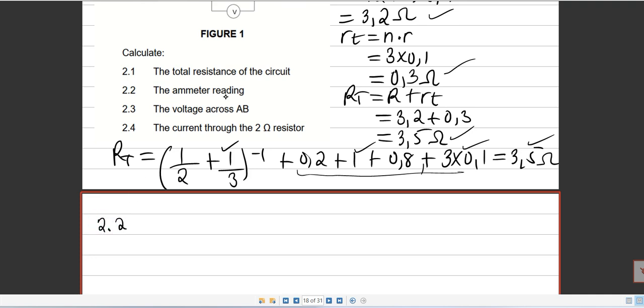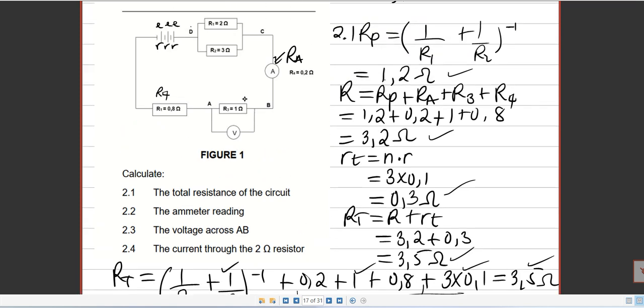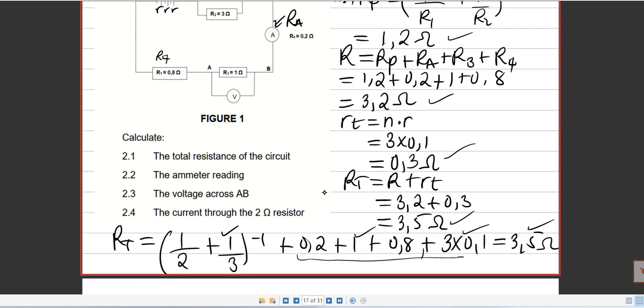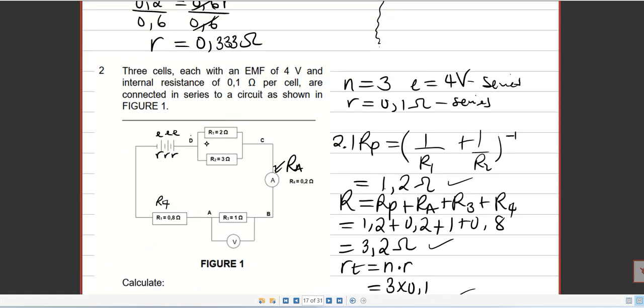2.2 says calculate the ammeter reading, the current reading. For our current, we use the formula E total over total resistance. On the side, we find our E total. Remember, our cells are connected in series in this battery.